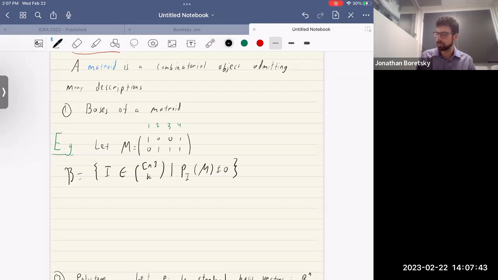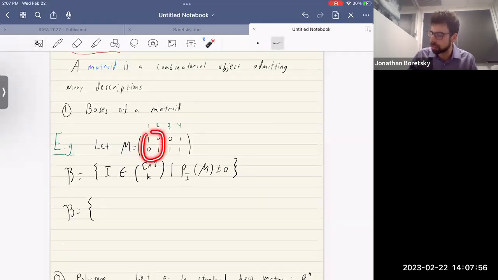In this case, we're looking at a matroid of rank 2 on n equals 4, so I want the bases to be the set of things such that the 2 by 2 minor in the corresponding columns is non-zero. So if I look at 1, 2, well, that's good. That gives me a non-zero minor. If I look at 1, 3, that also gives me a non-zero minor.